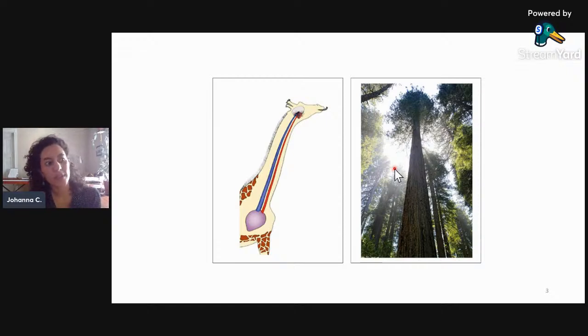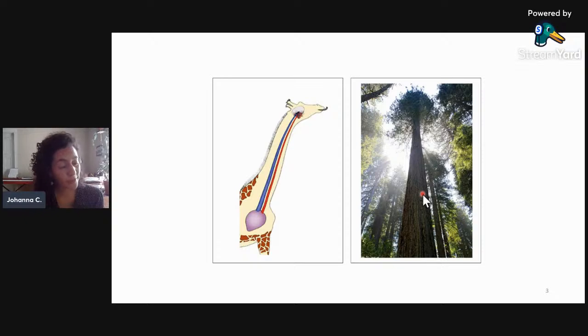Trees and plants also have to cope with this problem of moving water against gravity. Trees also move water from the bottom, from the soil, to the canopy. But trees don't have a heart or pumps that help them push the water from the bottom to the canopy. So how do they actually do it?